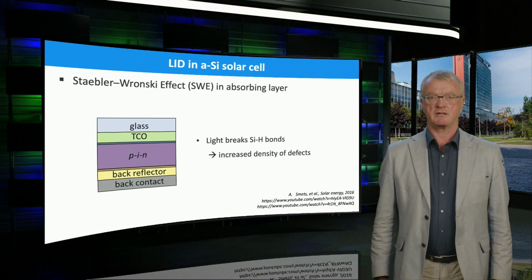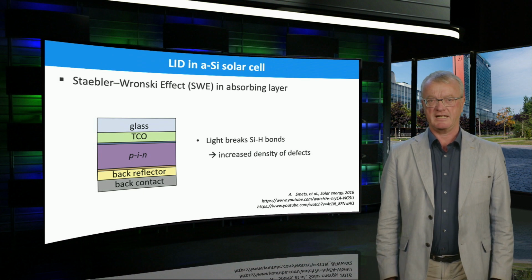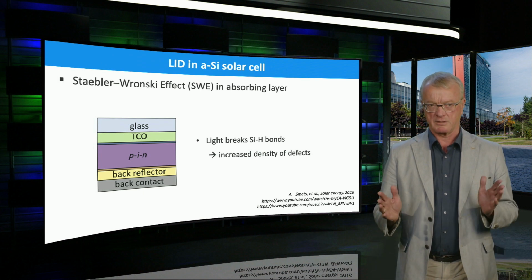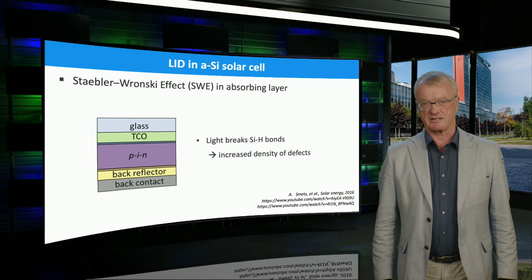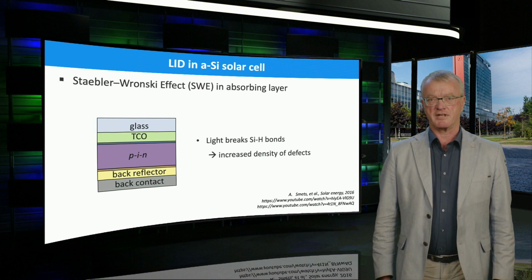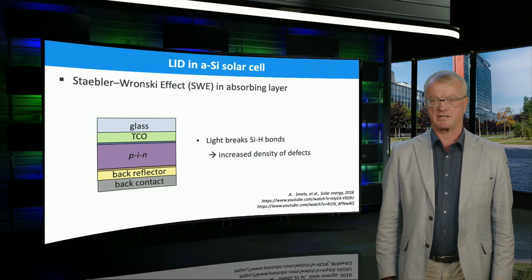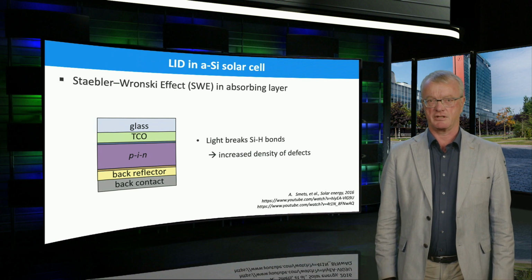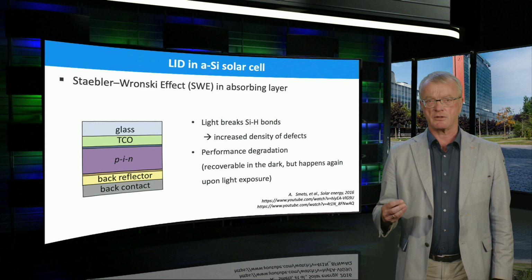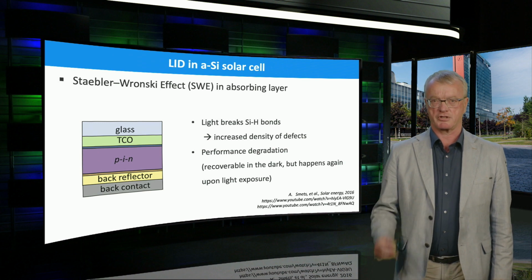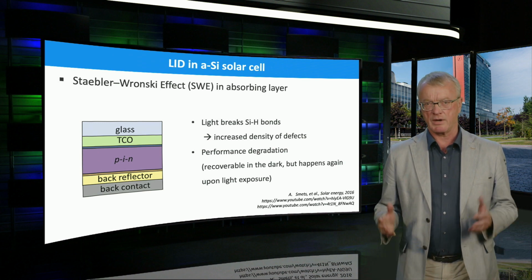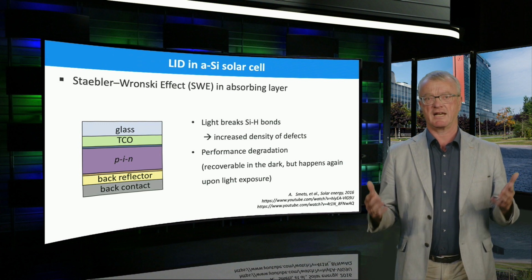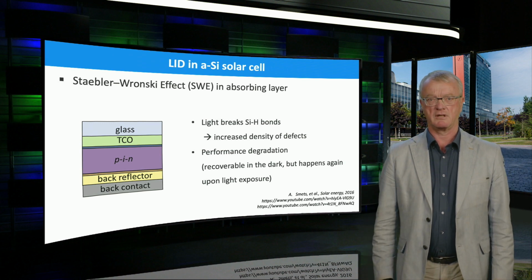Under illumination, the weak silicon-hydrogen bonds in the absorbing layer were broken, leading to an increased density of defects. This causes an increase in the recombination current and reducing the efficiency of the solar cell. Such a degradation is well known to be recoverable after a post-annealing procedure. However, degradation happens again upon light exposure.